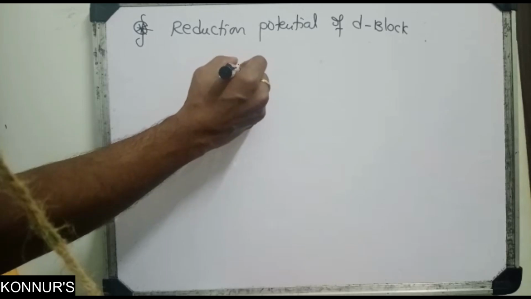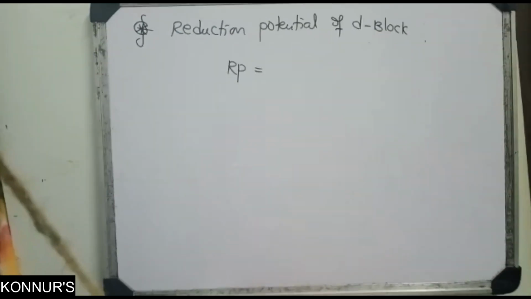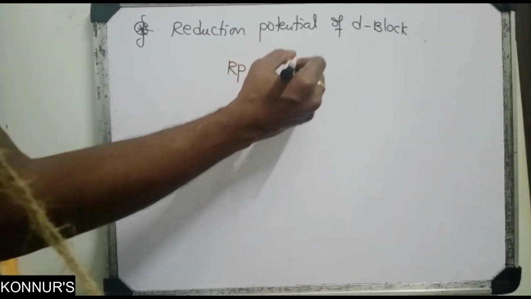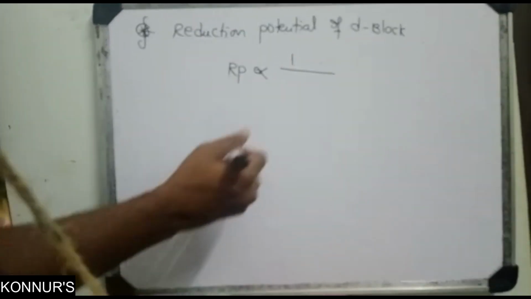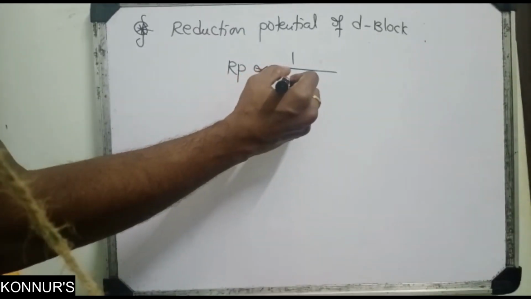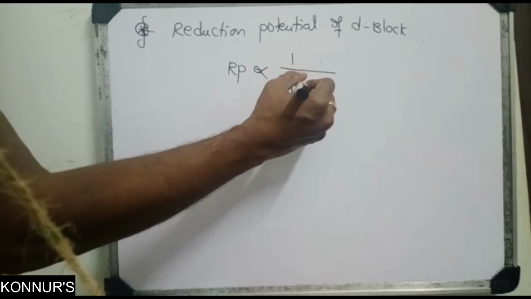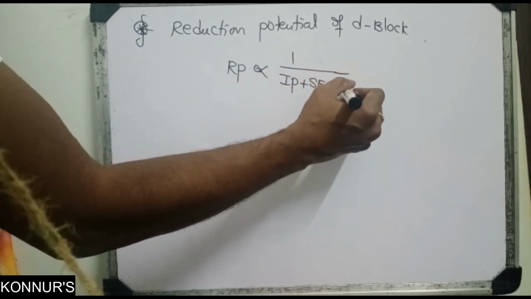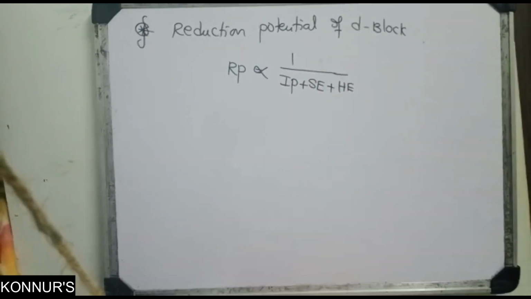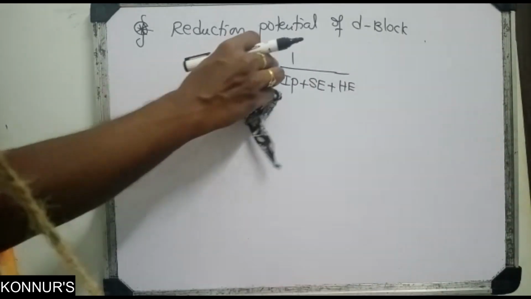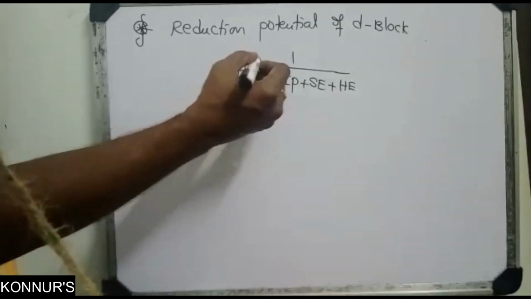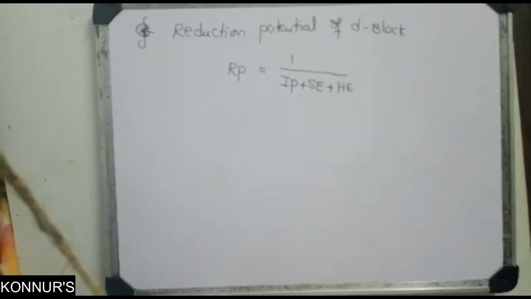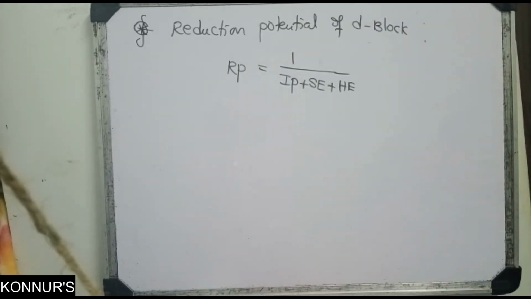The reduction potential values are inversely proportional to the sum of the ionization potential, sublimation energy, and hydration energy. So the reduction potential value depends on these three.